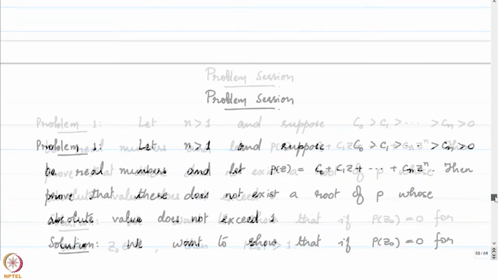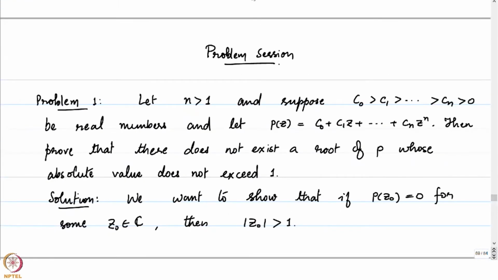In order to do that, let's consider the polynomial which is given by 1 minus z times P of z. The reason why this is being considered is to use the hypothesis which is given here, which I am underlining in green.